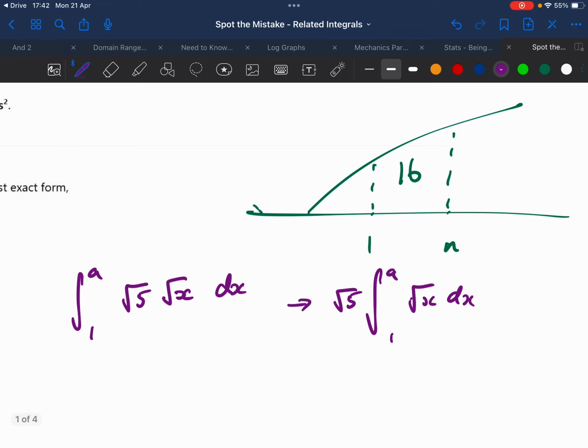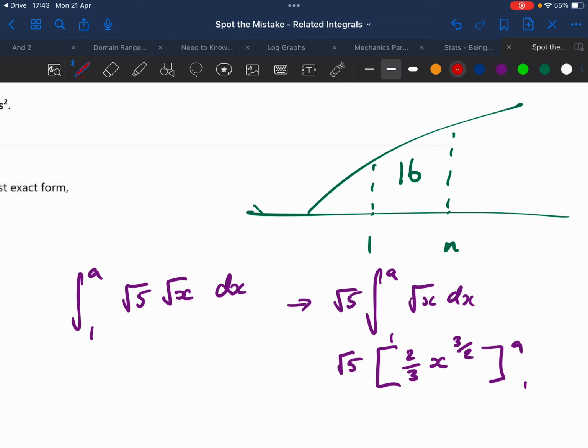Okay, so I've said that it's root 5 of what there before, and if that's x to the half, I might try to do something like this. Yeah, but that would be a mistake.